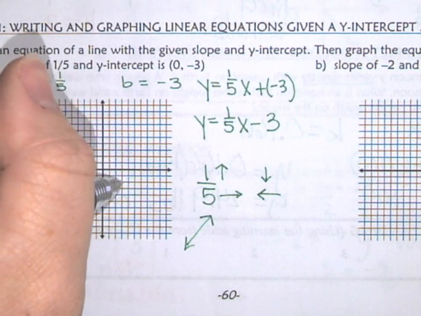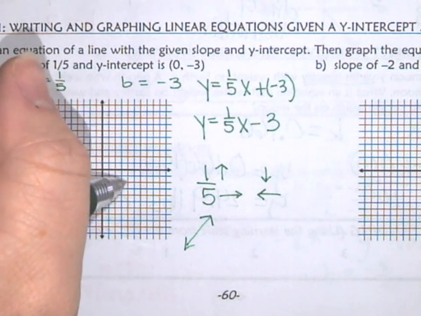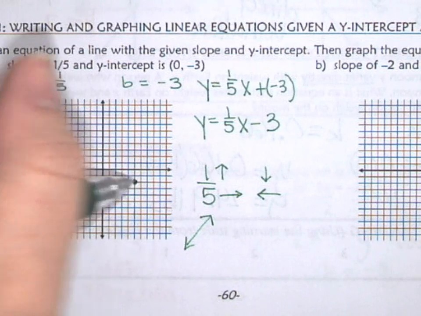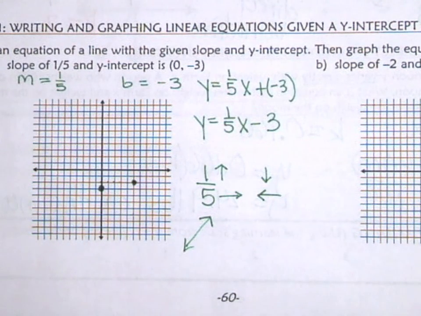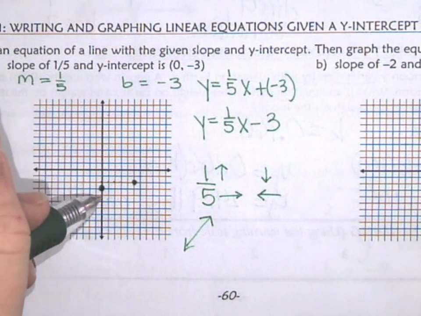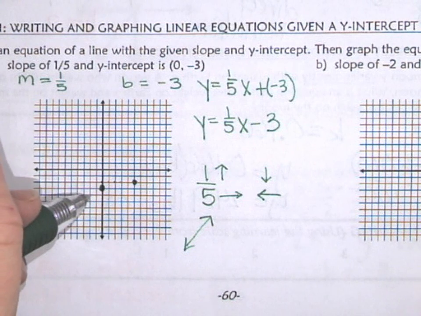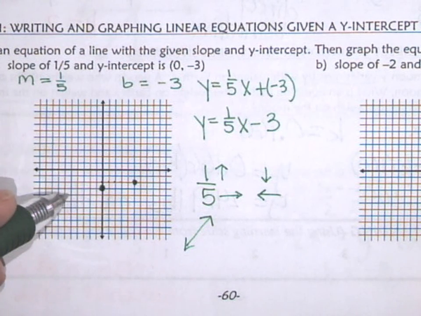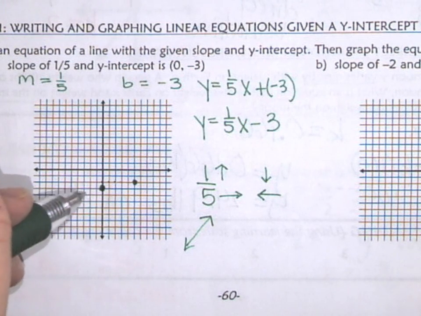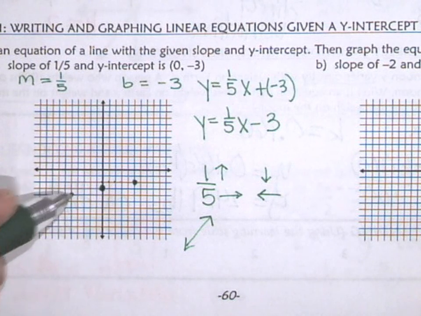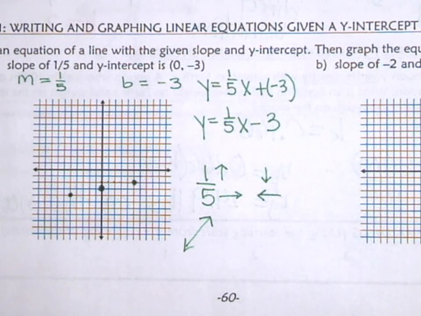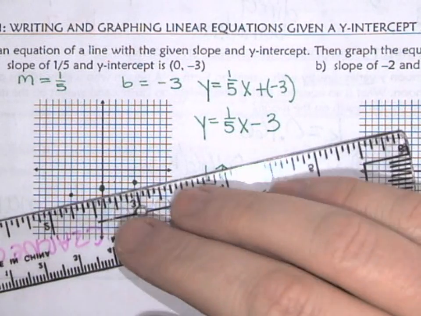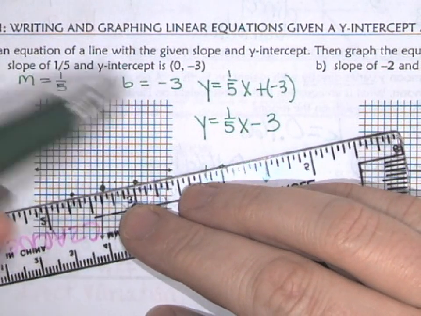1, 2, 3, 4, 5, and I make a point. The point goes where the two lines intersect. Or I can go down 1 and back 5. So down 1 and then back 1, 2, 3, 4, 5. All right. Then you take your ruler and you're going to connect the dots.